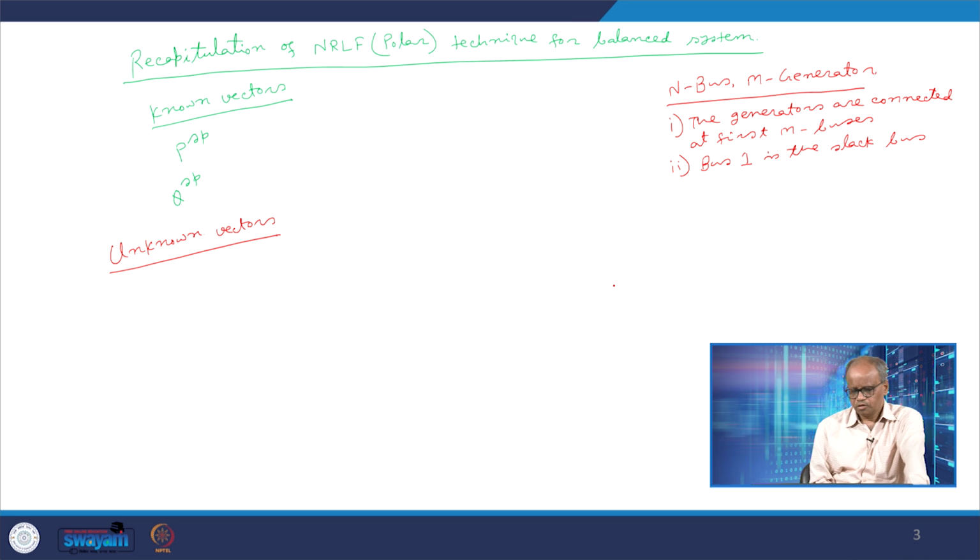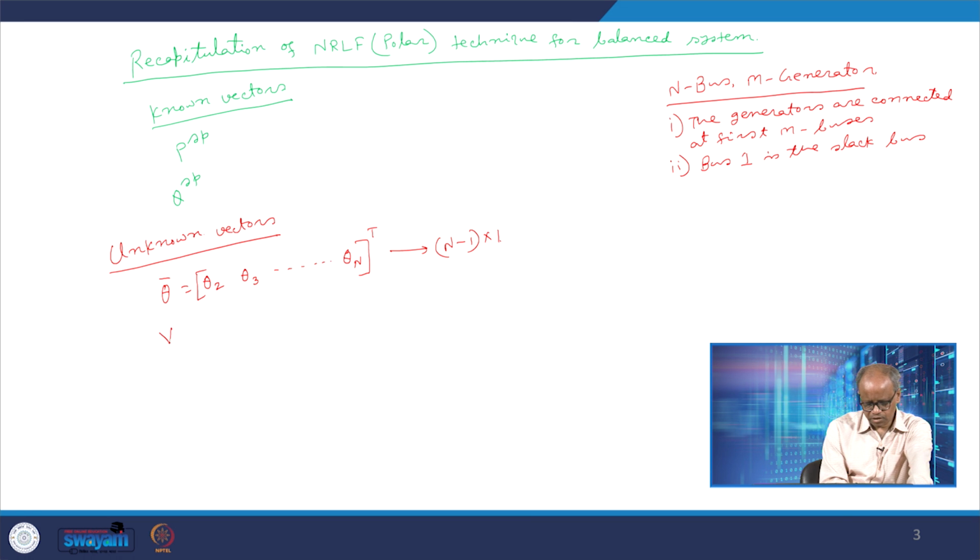So, with these assumptions our unknown vectors become theta, that is theta 2, theta 3, up to theta n, transpose. So this dimension is n minus 1 cross 1.